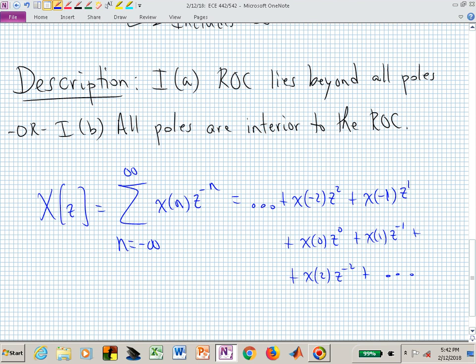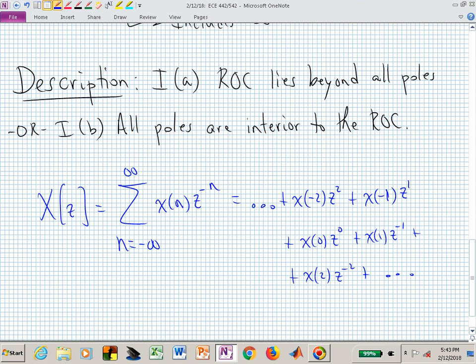If you let z go to infinity here, let's say for x of 2, that's now x of 2 divided by z squared. Letting z go to infinity, is that term well behaved? Now z's downstairs, so letting it get big just shrinks that particular contribution.